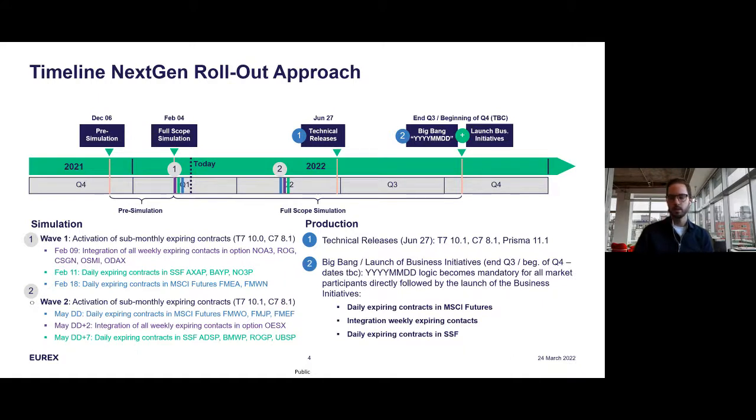The next step is then the technical releases, where we have changes in T7, in C7 and Prisma, and also in CEF on the market data side. That will happen on June 27. And then probably most interesting from a trading perspective is what we have marked here under 2, currently planned for beginning of October.